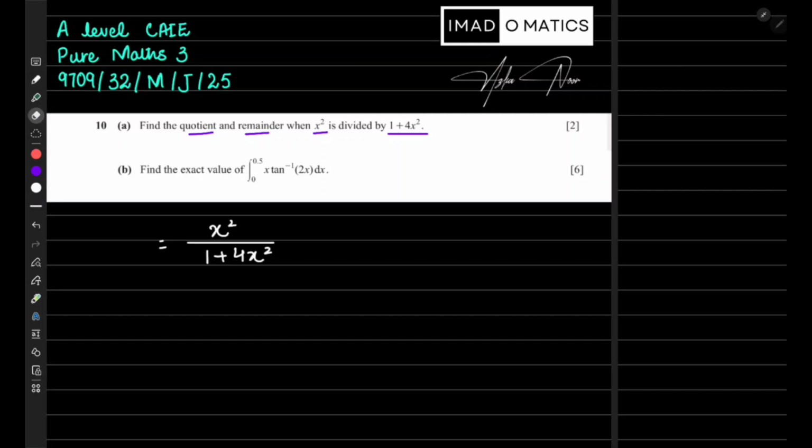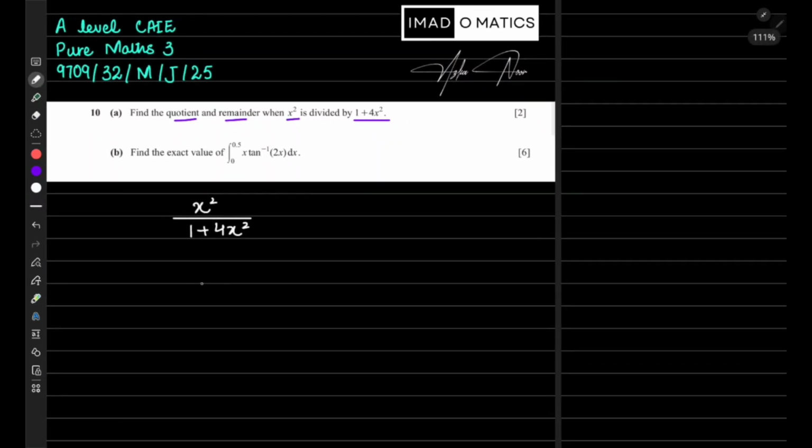The very well known way of doing it is by long division. Okay, we will be taking 1 plus 4x square or 4x square plus 1 outside and x square inside. How to decide what will be your first quotient?